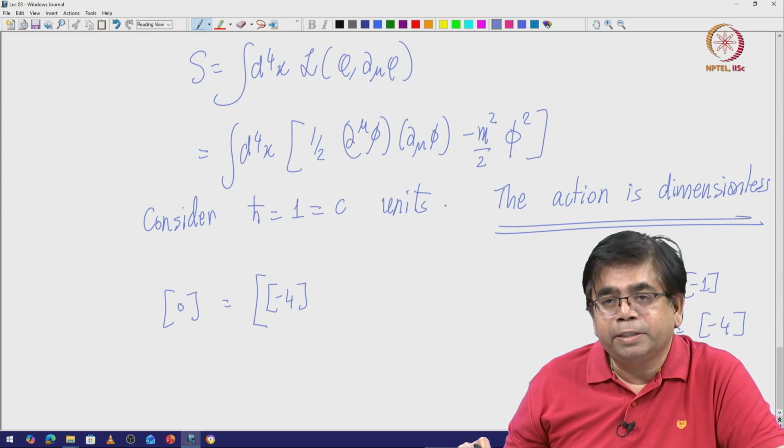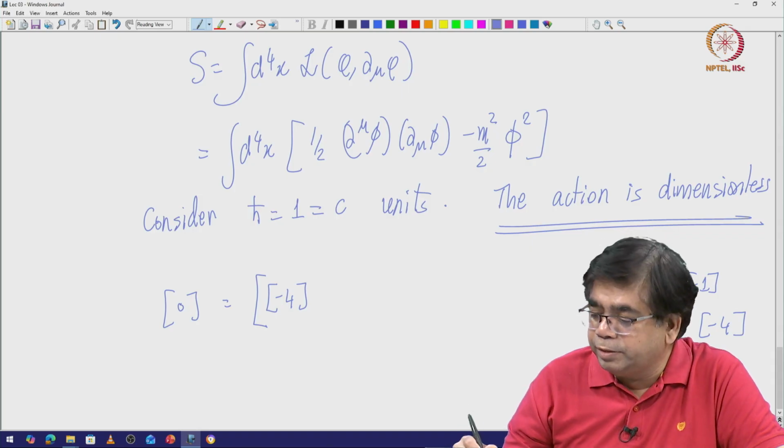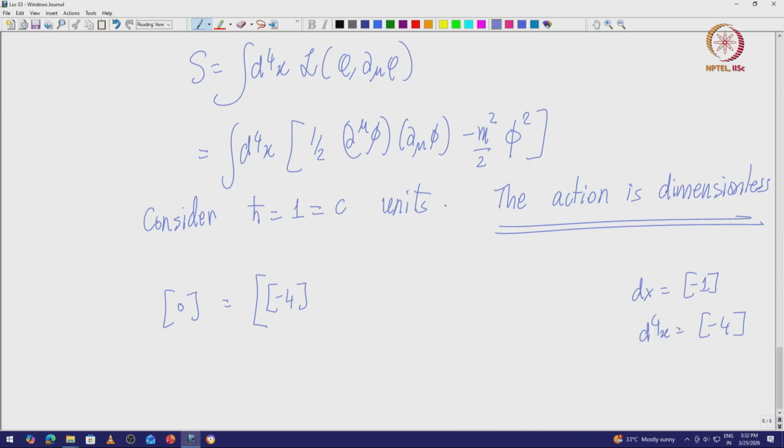d to the power 4 x means dt dx dy dz. So d by dx has a mass dimension of +1, since x goes as GeV to the power -1 essentially. So d to the power 4 x goes as -4 mass dimensions.